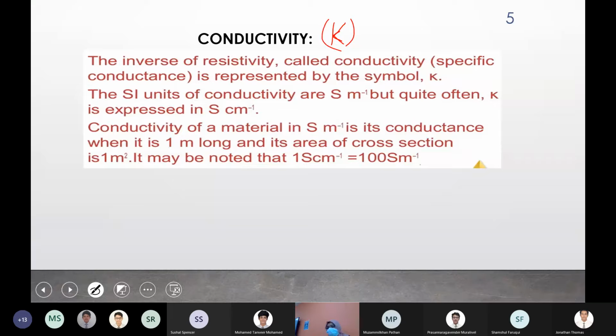It is a K in our English alphabet, but in Greek letters, alpha, beta, gamma, like that, K is kappa. Rho, ohm, pi, all these are Greek letters.